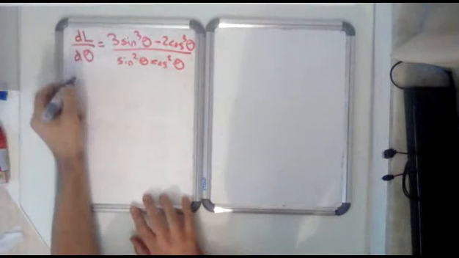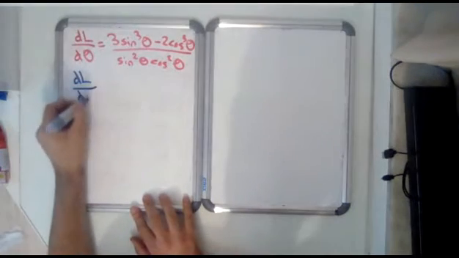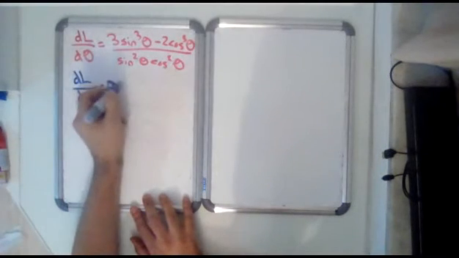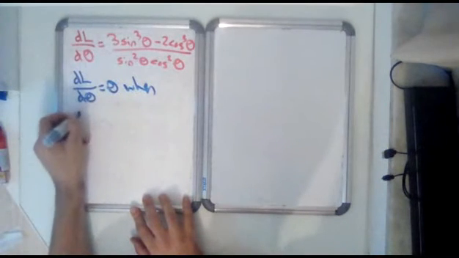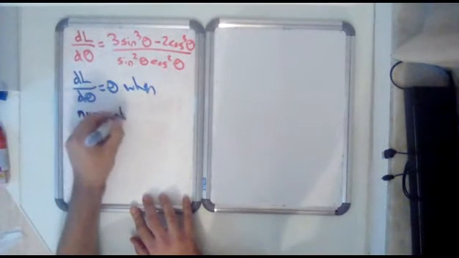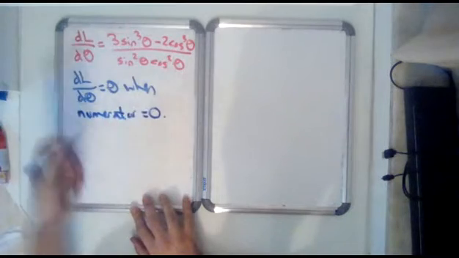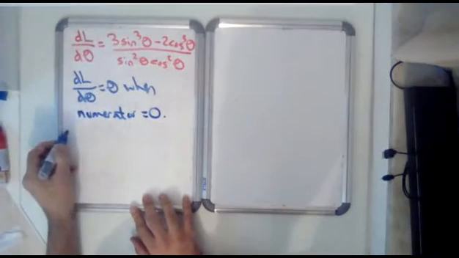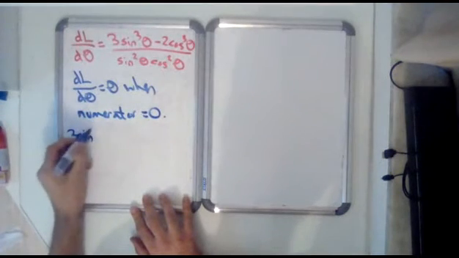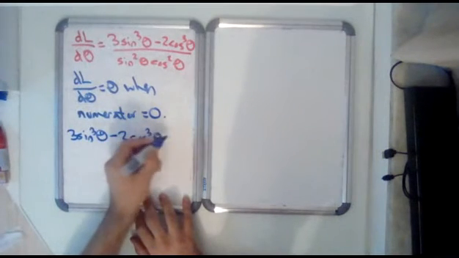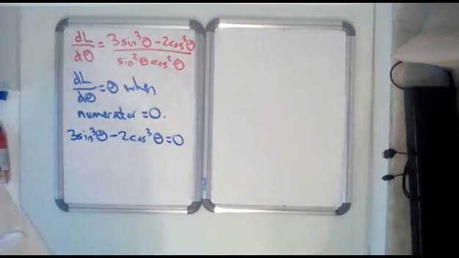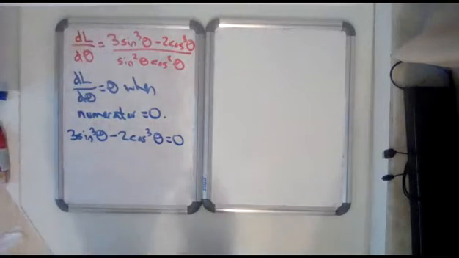Now this thing equals 0, just the same for any fraction really, when the numerator equals 0, which makes things a lot easier. So we just literally have to solve 3 sine cubed theta minus 2 cos cubed theta equals 0, just like that. So this is actually quite friendly.